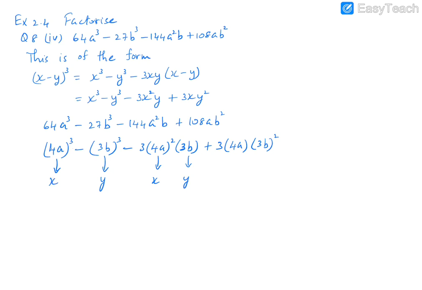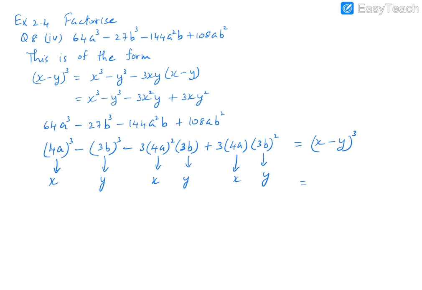So we have x cube minus y cube minus 3x square y and plus 3xy square. So the 4a is again x and the 3b is y. So basically that corresponds to x minus y the whole cube.